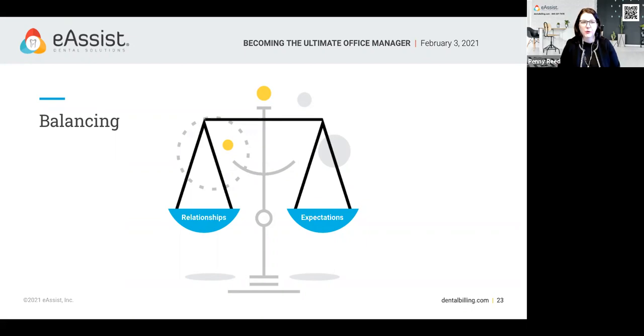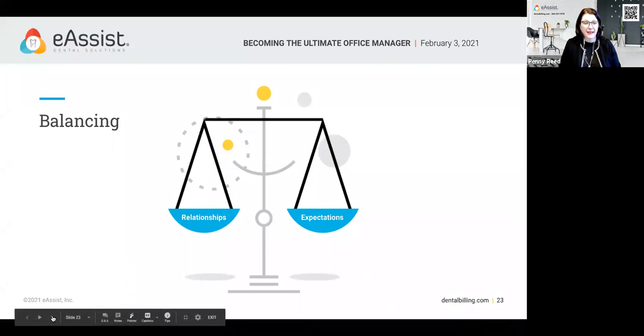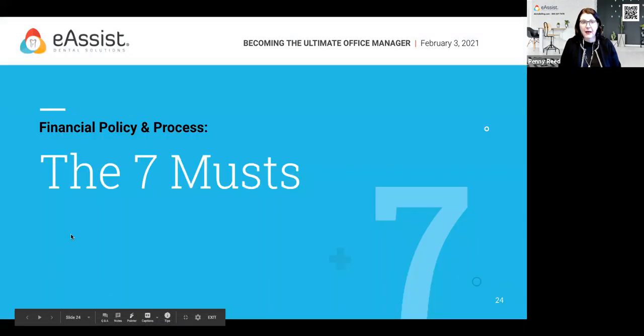It's the offices where it's like, well, boom, this is our office policy, and this is just how we do things. And if you don't like it, you can go somewhere else. That would be way heavier on the expectation side than on relationships. If we're heavier on the relationship side, it's the, oh, you don't want to pay today, that's okay, right? So we're continuously doing that, and needing to be mindful.